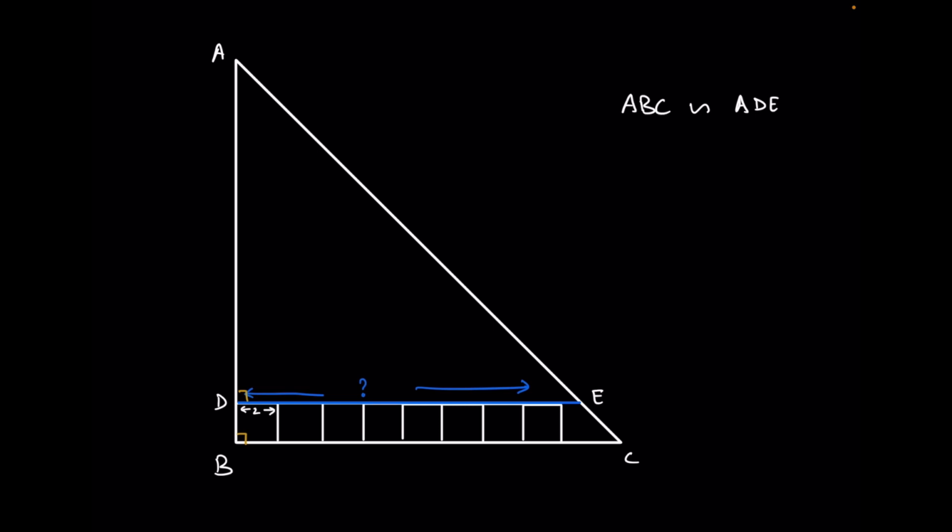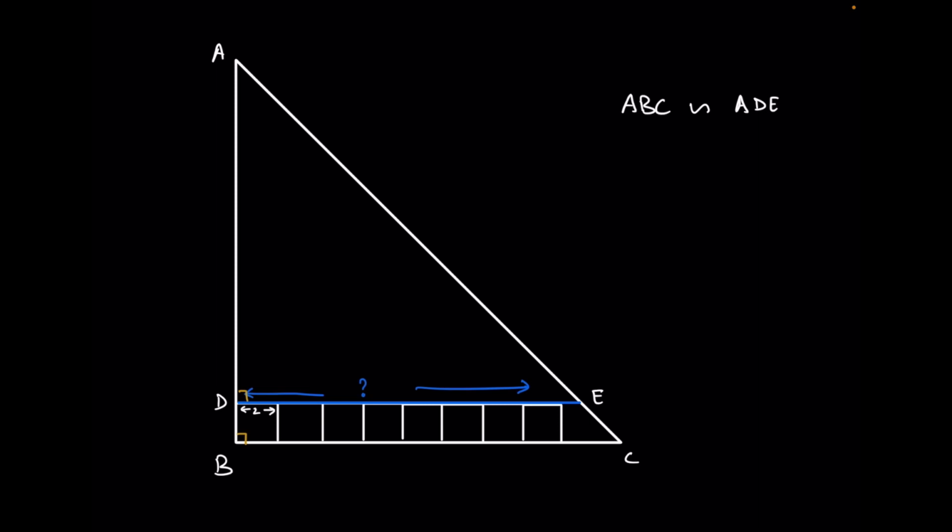Also, since this side AB was a straight line, which means it had an angle of 180, and we placed a square there, the side of which is perpendicular onto this AB line, and perpendicular means a right angle, the angle ADE is a 90-degree angle too.